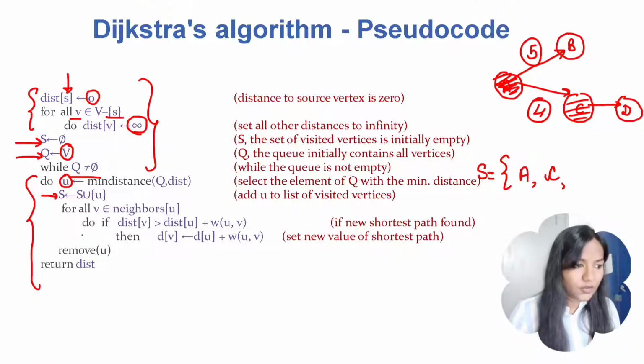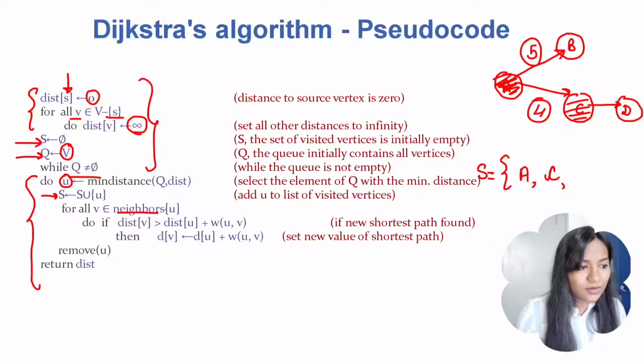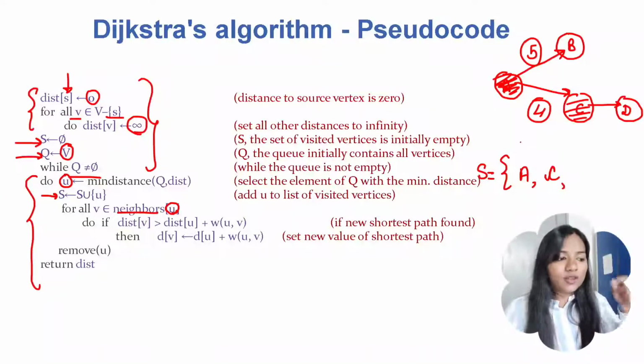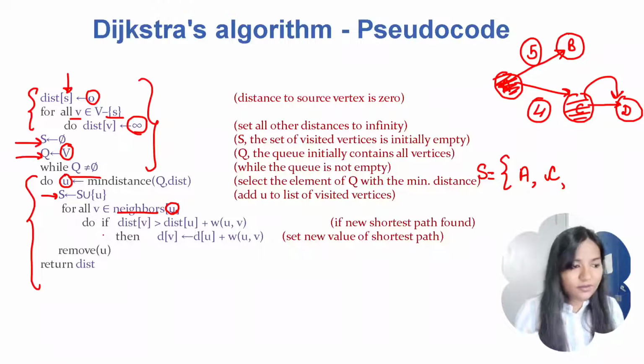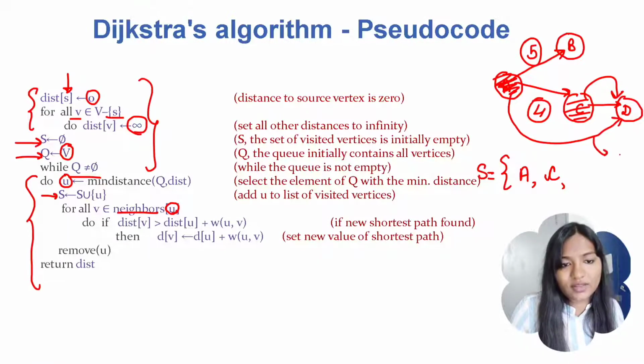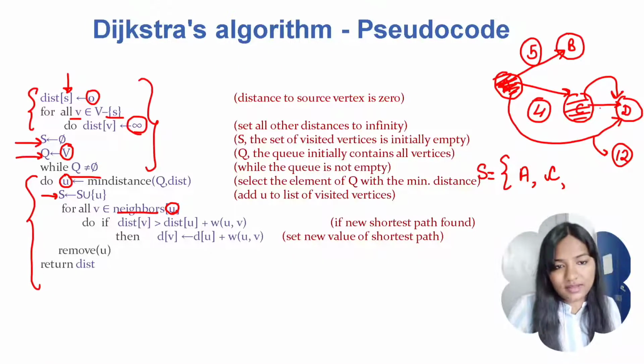Now what I will be doing, I will be finding the neighbors of my U, the appended vertex. In this particular case, what is the neighbor of C? That's D. Okay, now I will be finding that the distance between A and D directly is, for example, 12, and the distance between A and D through C is, for example, 7.